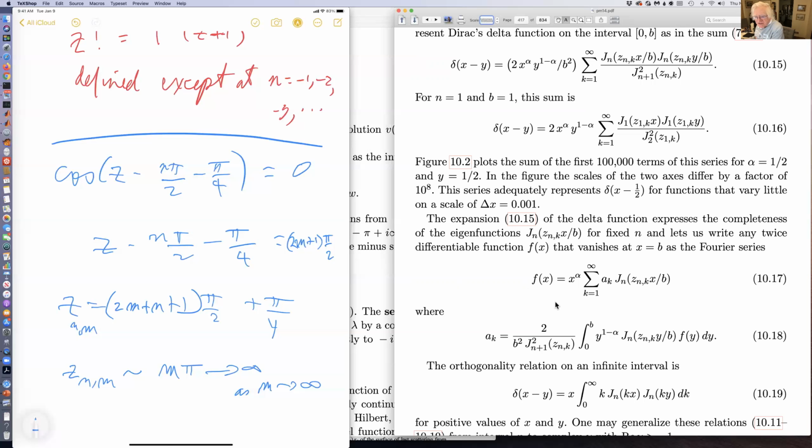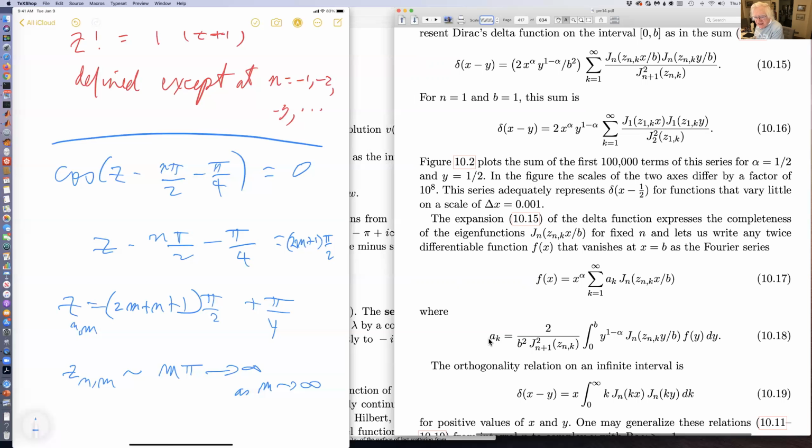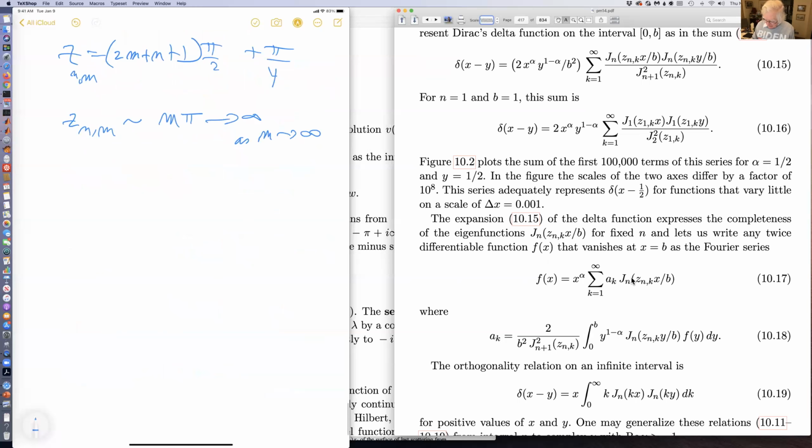And the reason is that if we replace a_k in here, what we've got is we've just created the delta function. So normally I write those things in the opposite way, so maybe I should make that a little bit clearer.